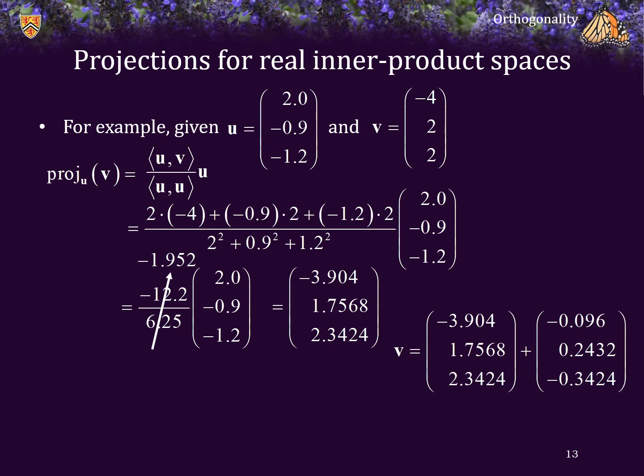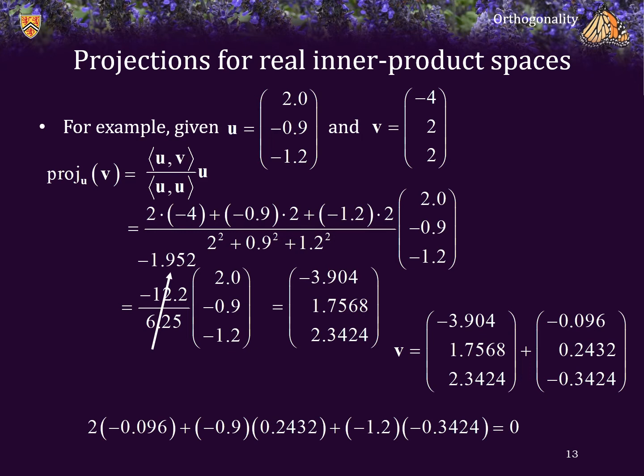So for example, 2 times -0.096 plus -0.9 times 0.2432 plus -1.2 times -0.3424 does indeed exactly equal 0.